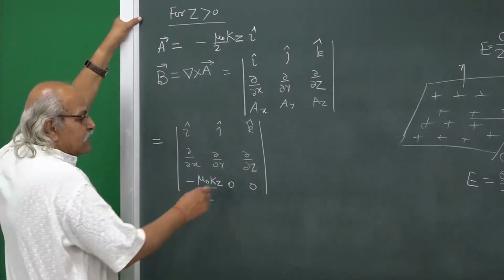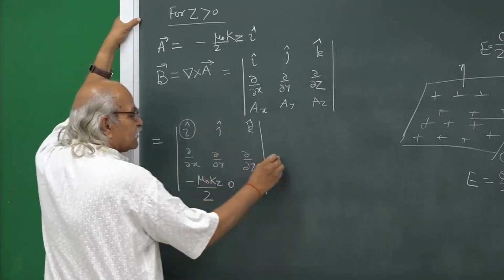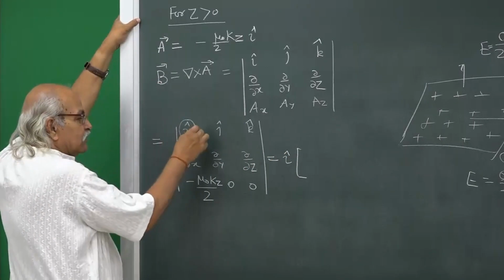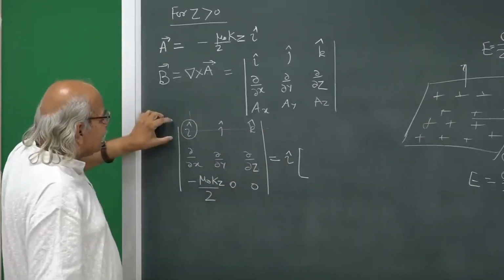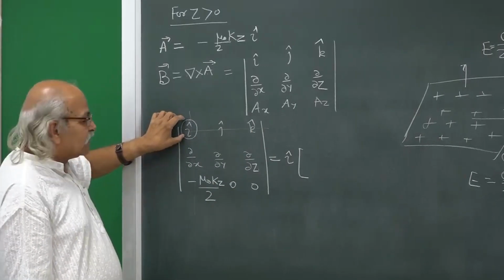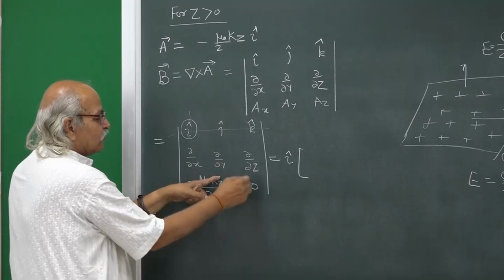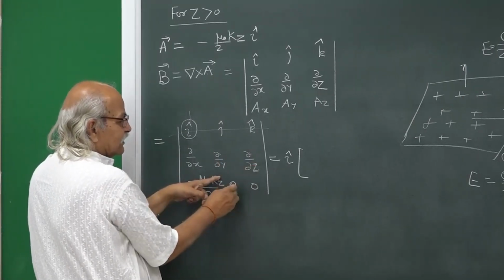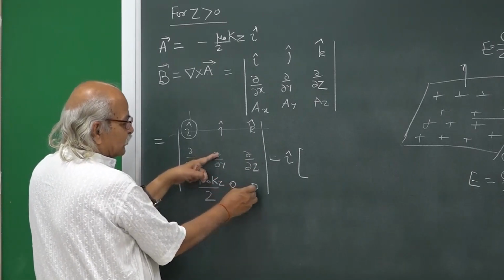Then expand. First take this i cap here and then omit the row and the column containing that i cap. You are left with these 4, then del y of this quantity minus del z of this quantity is 0, because it is 0 here, it is 0 here.